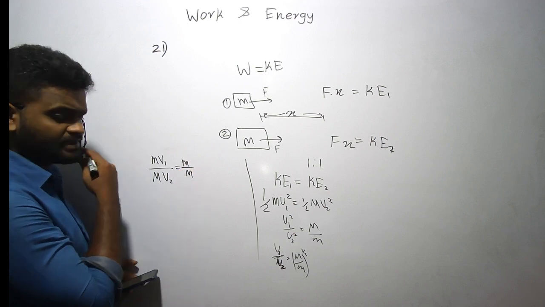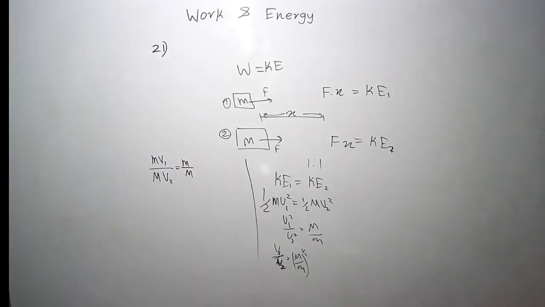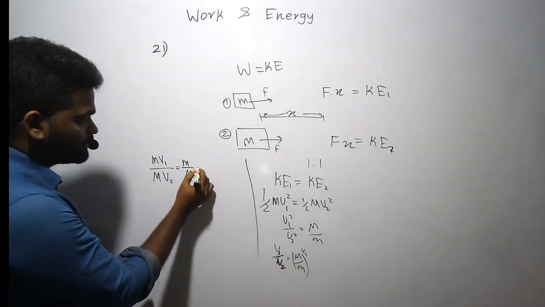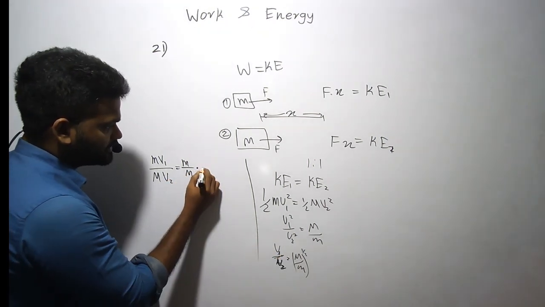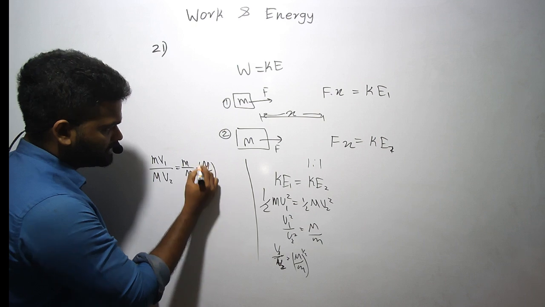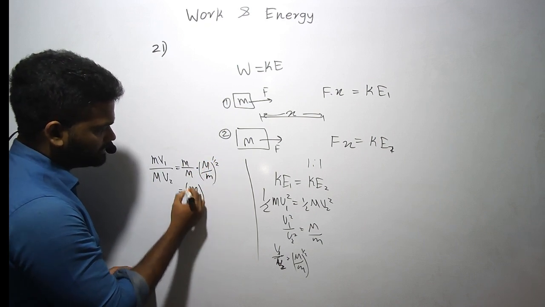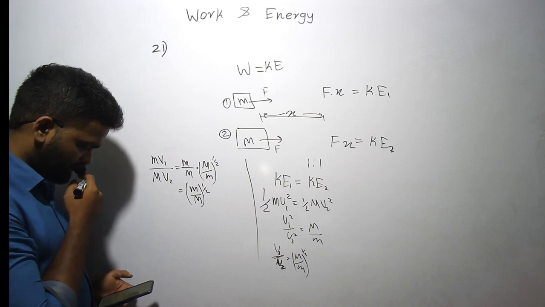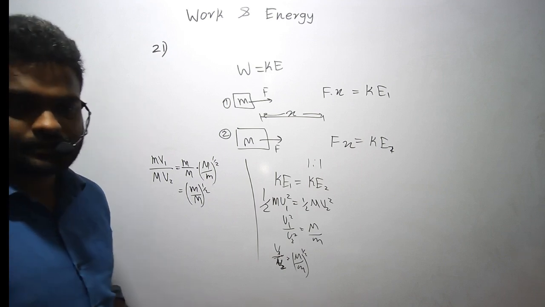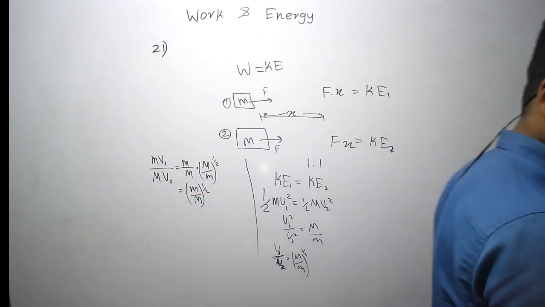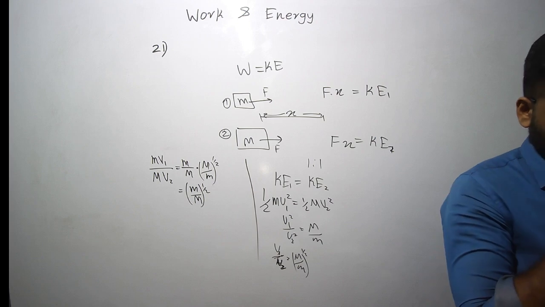Then just substitute that. v1 divided by v2 is capital M divided by small m to the half. So what do you get? Small m divided by capital M, to the half. Third one, correct.